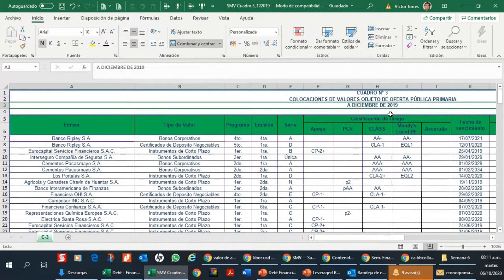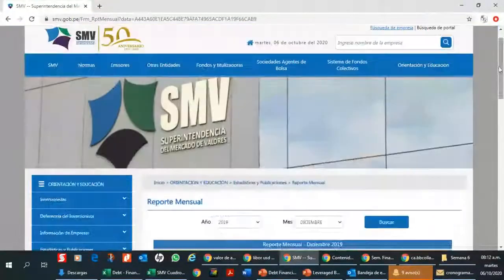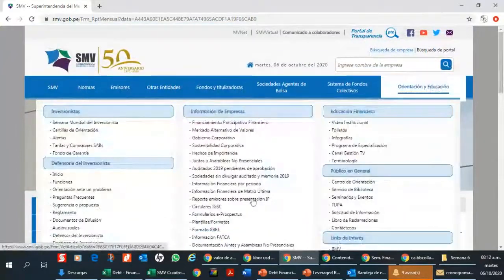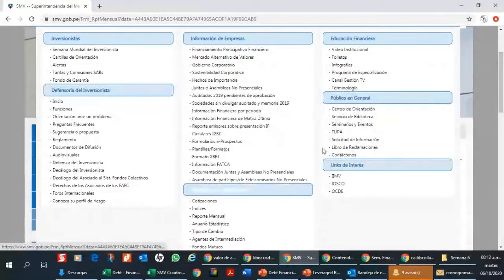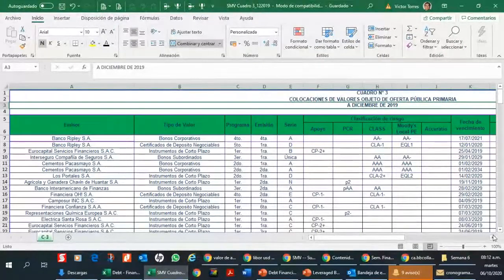This is the information for 2019 because, as you will expect, for 2020 there have not been many issuances of fixed income, particularly given the current situation and the quarantine period that affected the issuance, right? Just in case, this information is available right over here. If you want to check it out, orientación, and there's an option here regarding statistics and publication, and that's the monthly report, right? So you get this data in general from there.